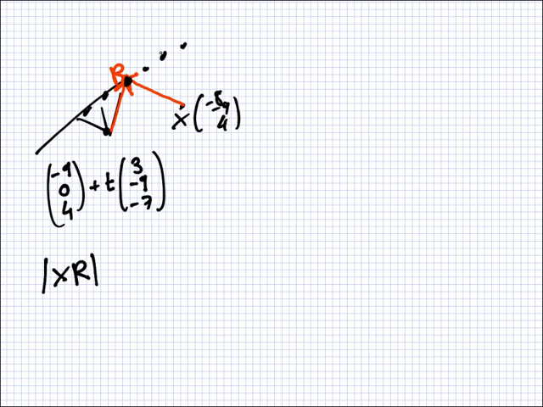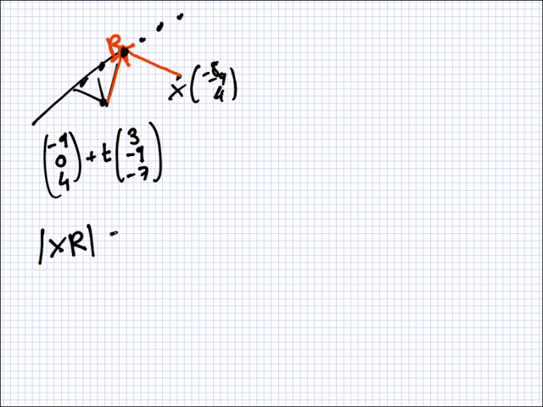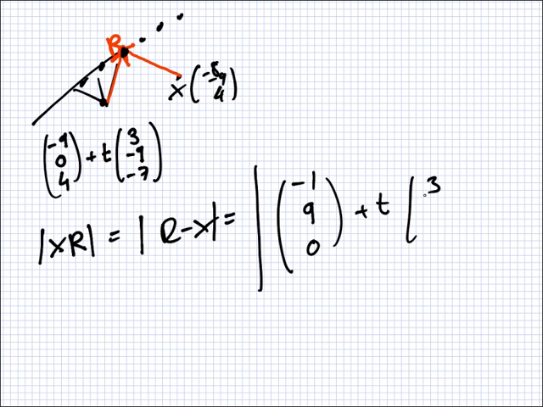So let's calculate what the distance XOR is. That would be OR minus X. And this is OR here, minus X. So that's minus 1, 9, 0. Oh, yes, it's minus 8.